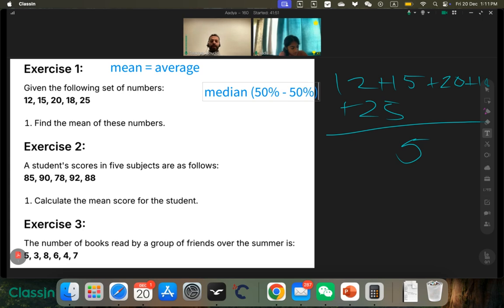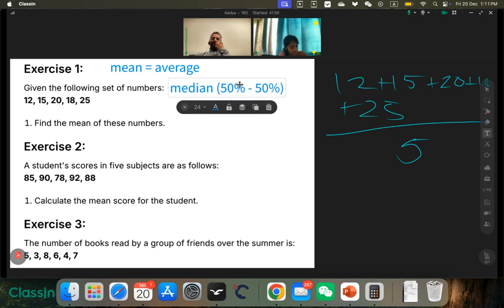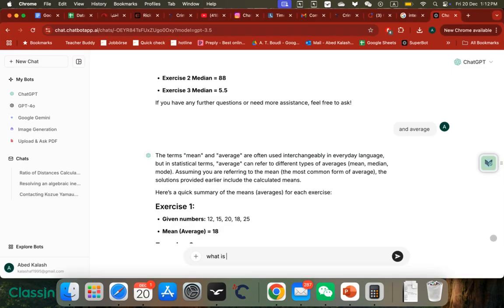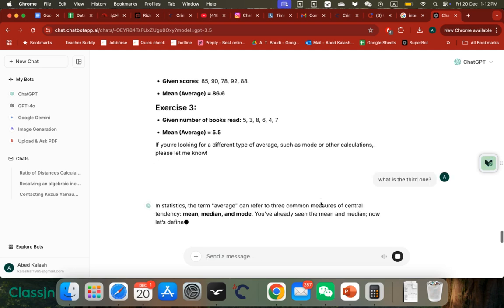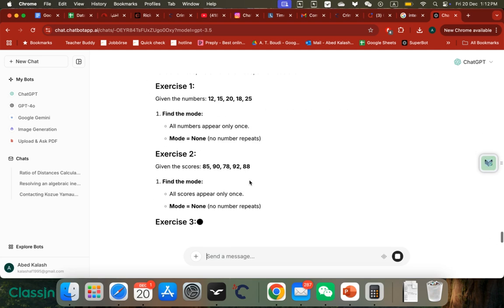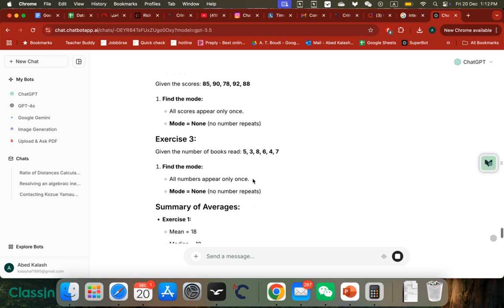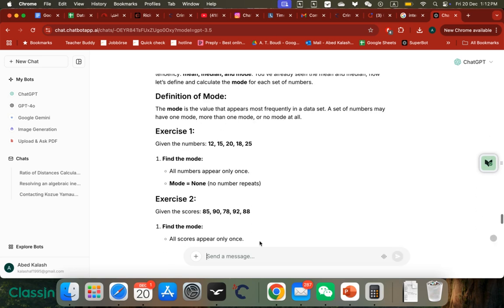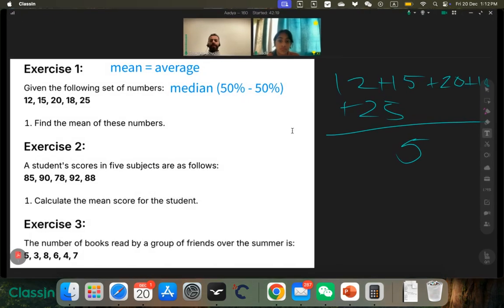I don't want you to get mixed up between them. I want mean, median, and there's another one. The mode, the one that occurs frequently. Over here, don't care too much about the mode. Let's focus on mean and median here.